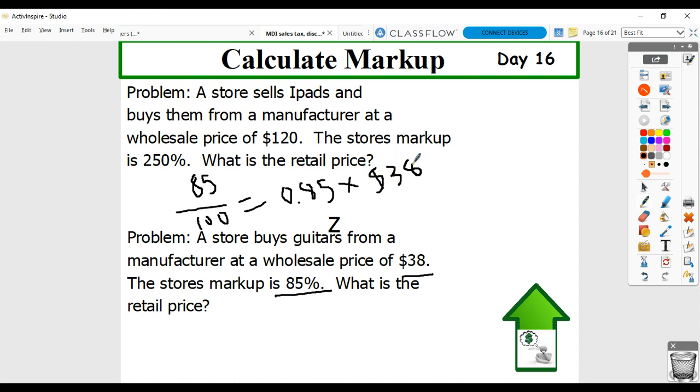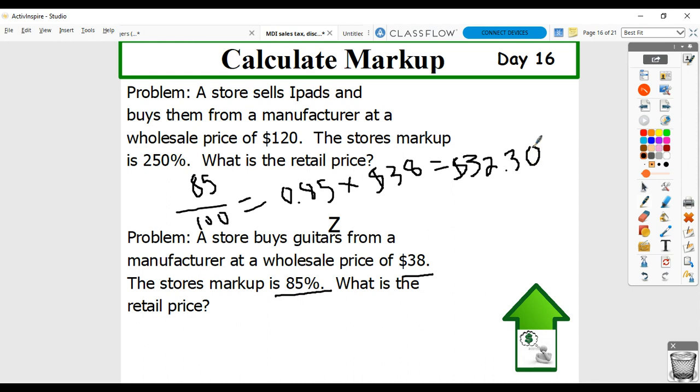So 0 and 85 hundredths times $38 is 32 and 3 tenths. Hopefully notice that this is money, so it gets a dollar symbol. And because it is 3 tenths, remember, we have to add another 0 because money needs 2 digits.